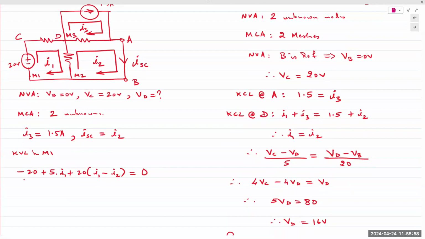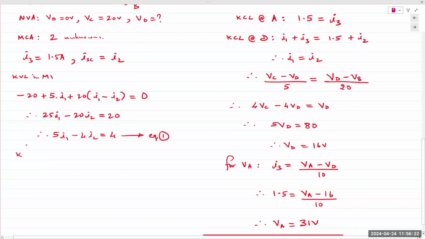So you reduce this, you get 25 times I1 minus 20 times I2 is equal to 20. Equation: 5 I1 minus 4 I2 equals 4. I'm going to label this as equation 1.